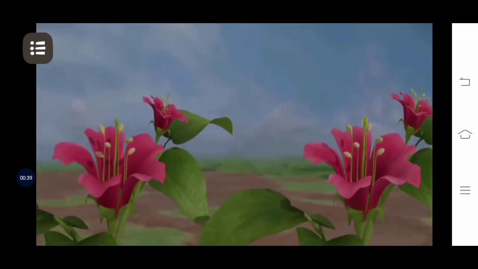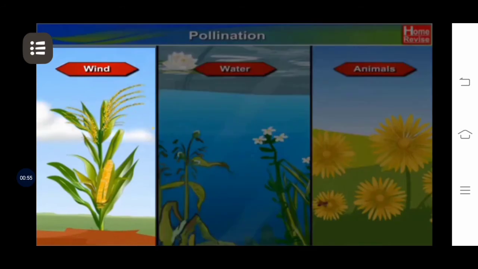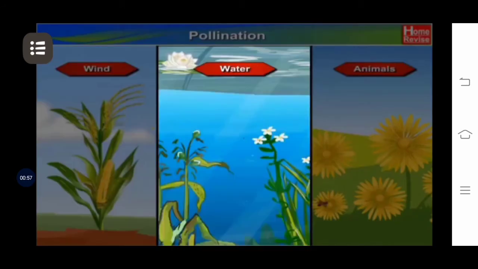Transferring pollen grains from the anther of one flower to the stigma of another flower of a different plant of the same type is called cross-pollination. Pollination takes place by agents like wind, water, and animals.